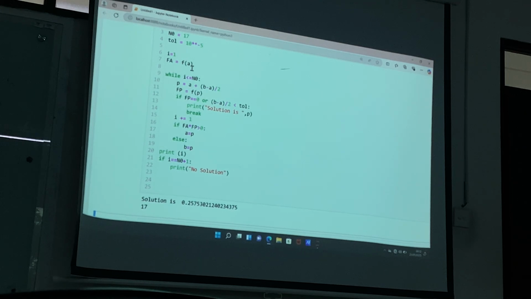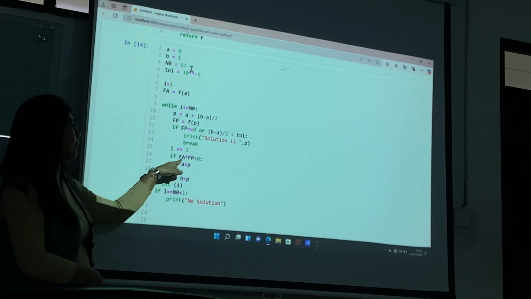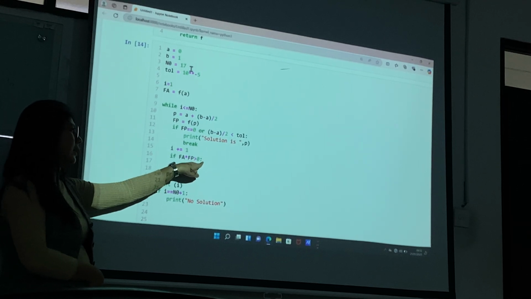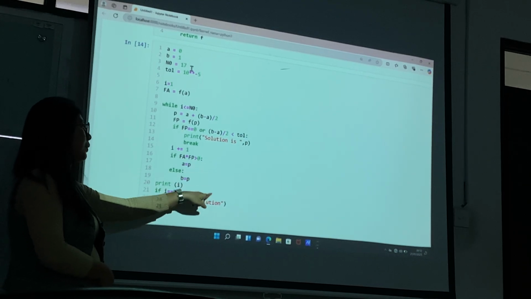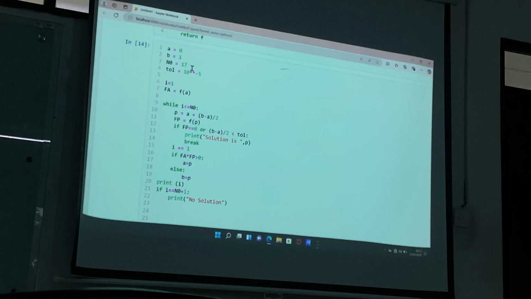Clear? So the if condition in Python is written like this, with a colon. If you check the algorithm, this is actually perfectly the same as the algorithm, just a different way to write it.